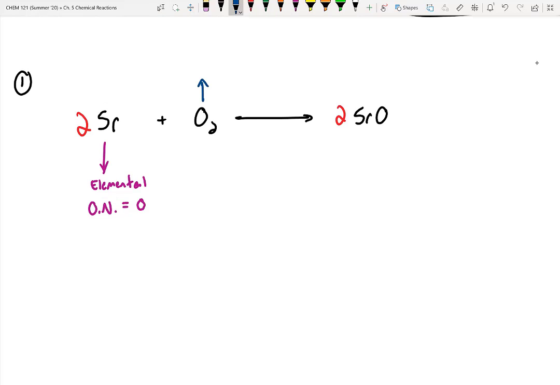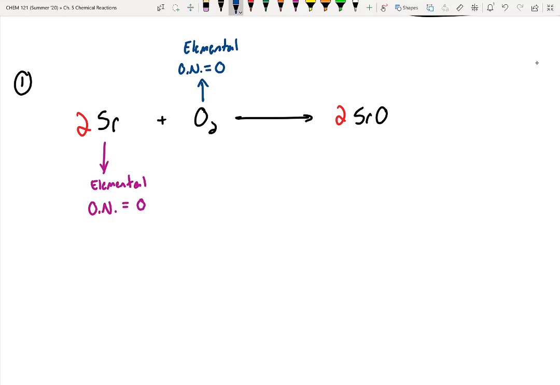So I'd say this, because it's in its elemental form, its oxidation number is going to be equal to 0, right? And that's a really common mistake that students make, is they immediately jump to the ion, but you need to first check if it's by itself, because if it's by itself, it's just 0.